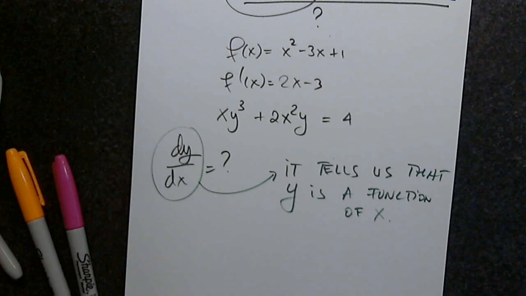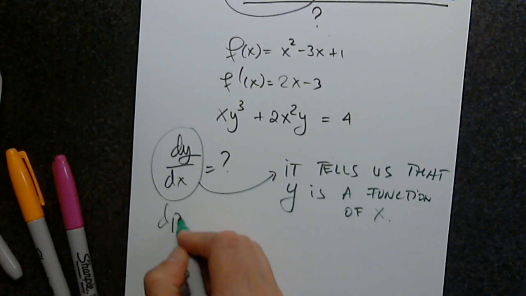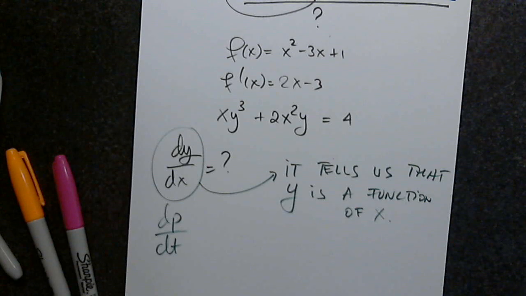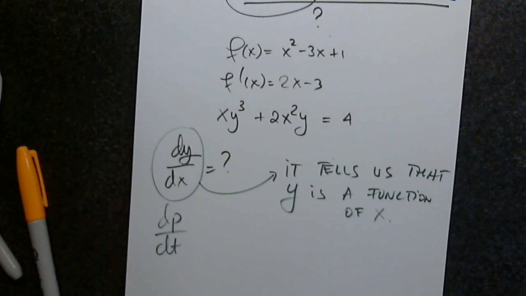If I'm asked to find dy over dx, it is very clear that y is a function of x. If I'm asked to find dp over dt, what does this mean? Automatically. Exactly. So please always remember that. Perfect. So that's one thing.